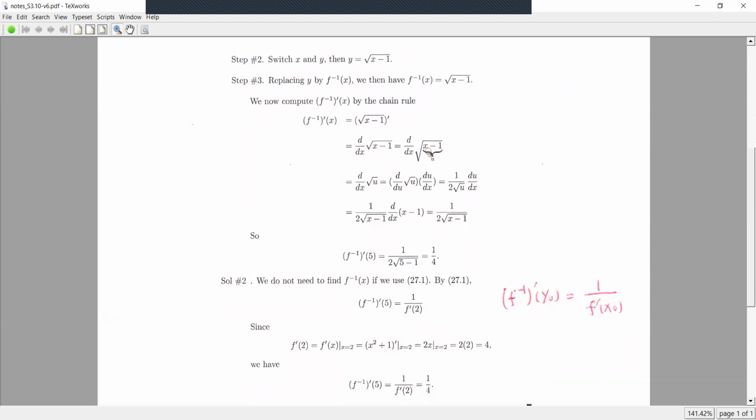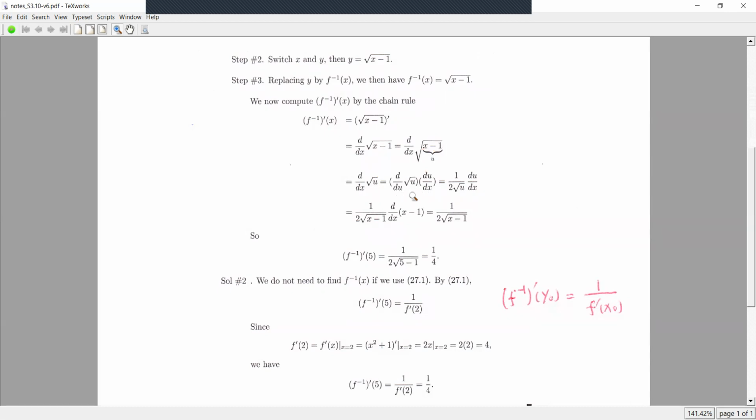Let u be x minus 1. Then this function becomes square root of u. To compute the derivative of square root of u with respect to x, we need the chain rule. By the chain rule, write this derivative as this derivative times this derivative.